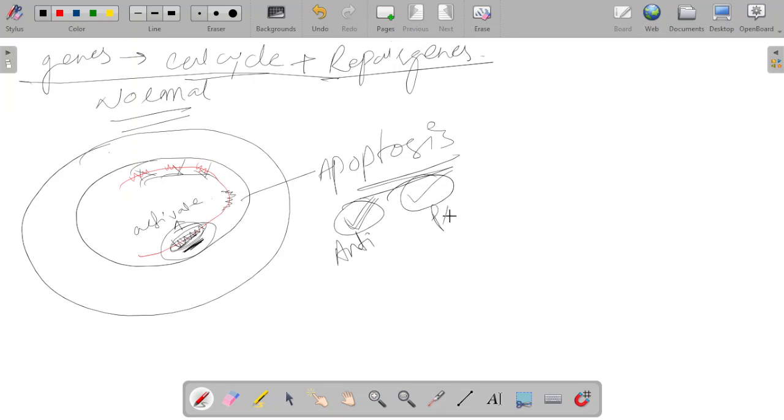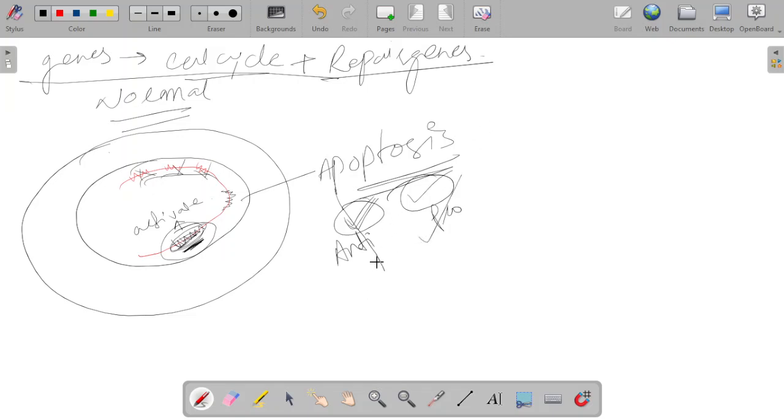Now in a normal cell, when the cell realizes that it has a lot of damage to its DNA, it realizes that this damaged DNA should not pass to the next daughter cell. The cell undergoes apoptosis, so the anti-apoptotic gene will be stopped and the pro-apoptotic gene will be on.